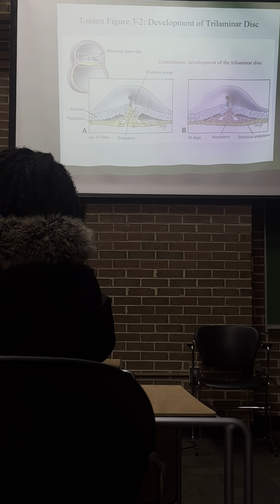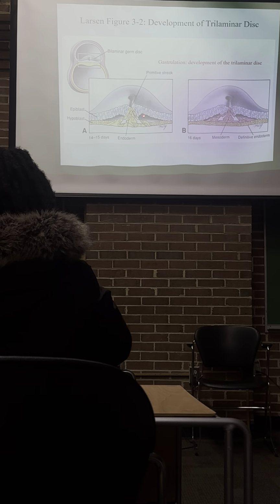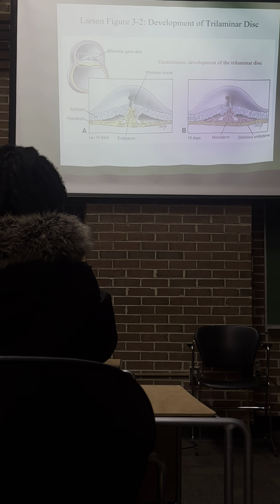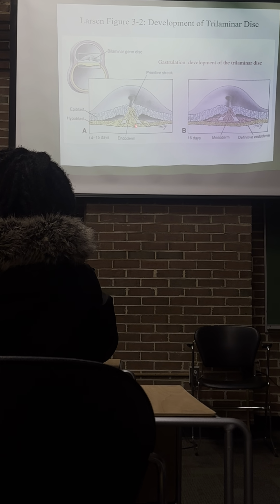So this next slide shows you the process of gastrulation, development of the trilaminar disc. Now you see these cells are dividing along the primitive streak, and they're rapidly migrating towards the hypoblast, and they're replacing hypoblastic cells to form the endoderm germ layer. Endoderm.